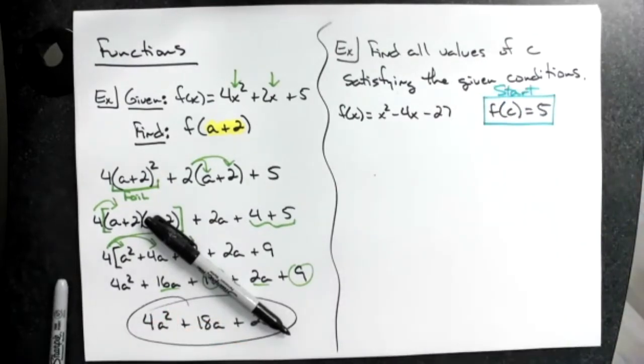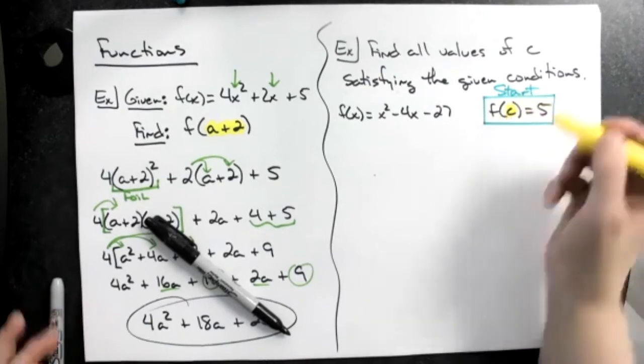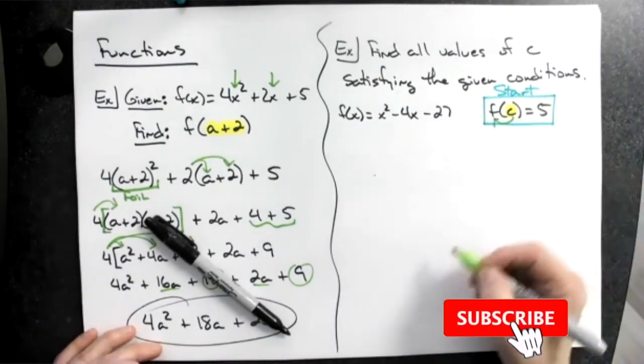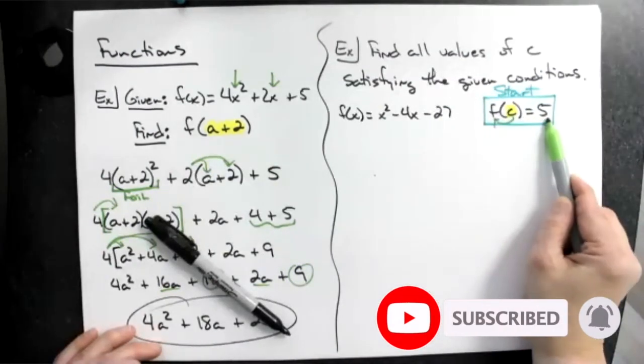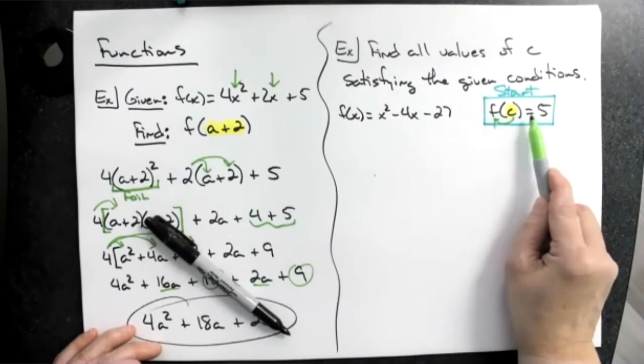You read that mathematical notation, and it literally tells you what to do. This is our function notation. This says f of c. So that says take that c and plug it into the f function, and then set it equal to 5.